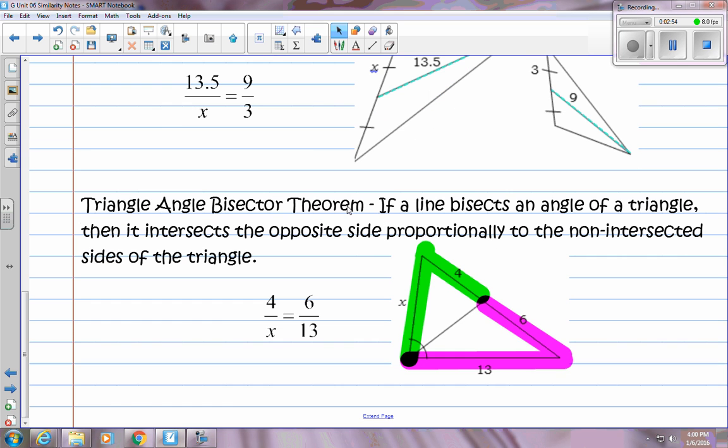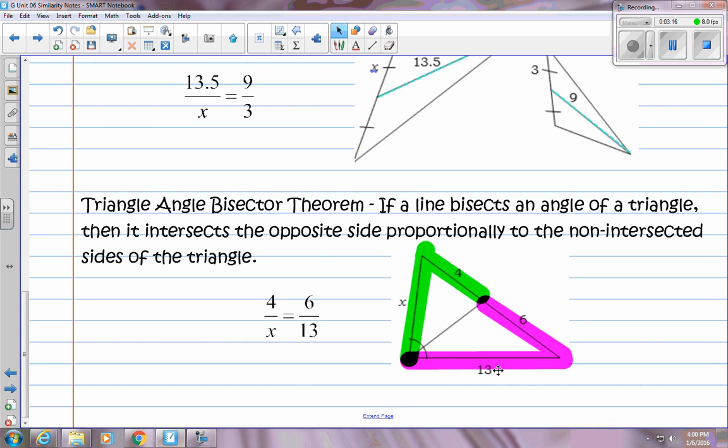Then finally, we have the triangle angle bisector theorem, which just says that if we have a line in any triangle that bisects an angle of that triangle, then where it intersects the opposite side is going to be proportional to the side lengths of the non-intersected sides.